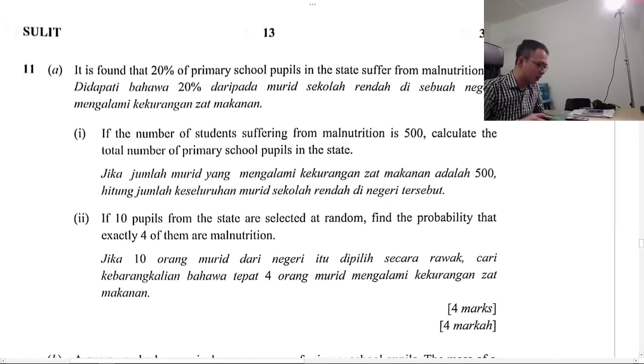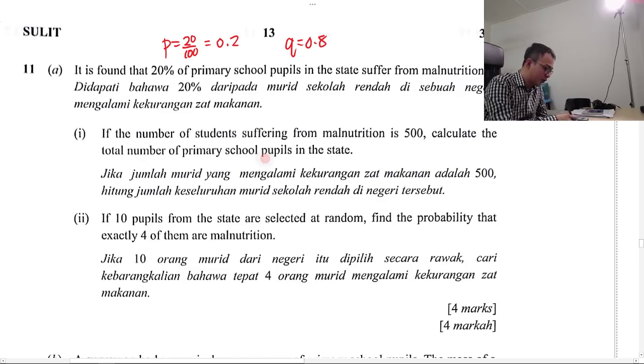Alright, it's found that 20% of the school pupils in the state suffer from malnutrition. So therefore, P equals 20 over 100, or I can call P equals 0.2. So therefore, I know Q equals 0.8. If the number of students suffering from malnutrition should be 500, calculate the total number of the preschool students.